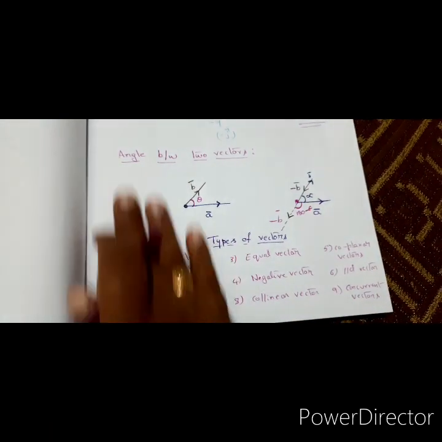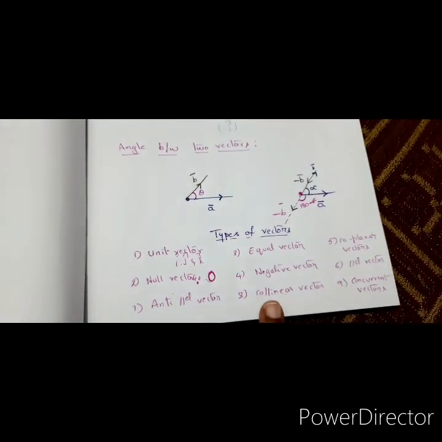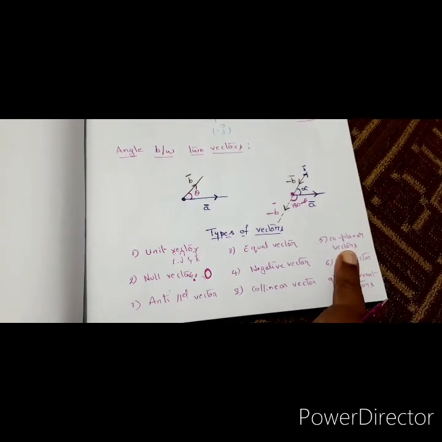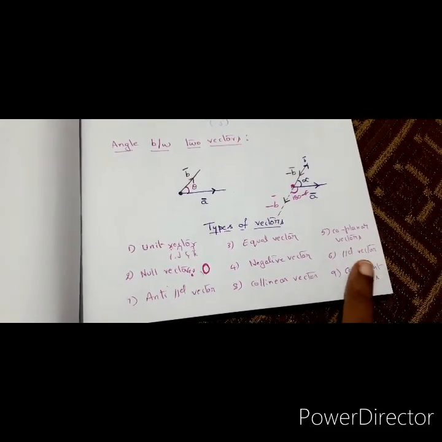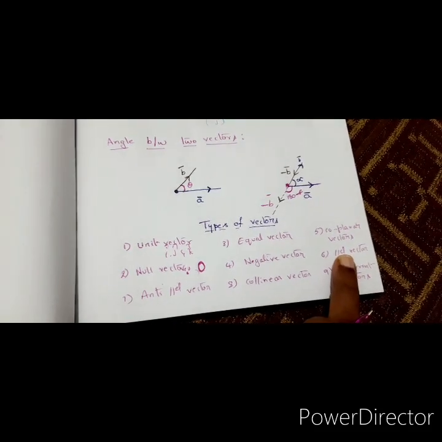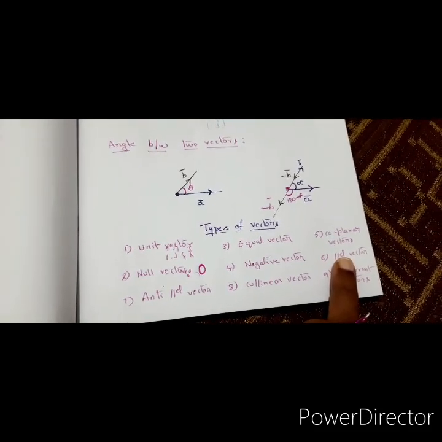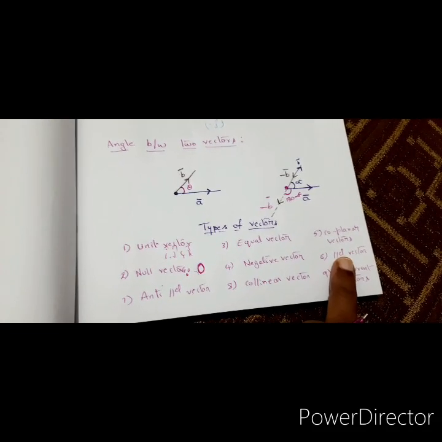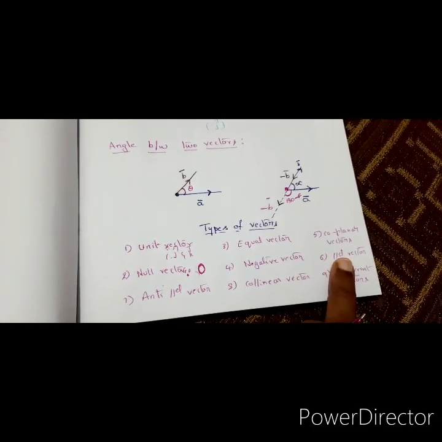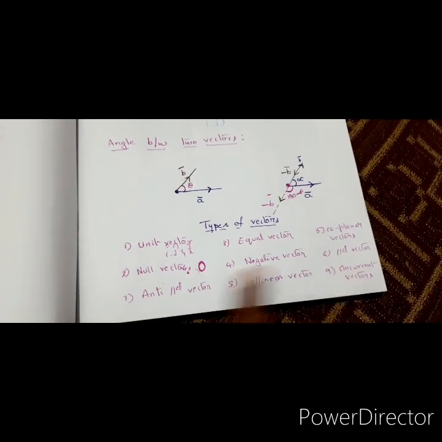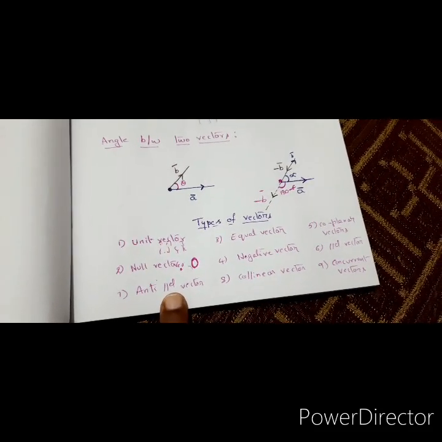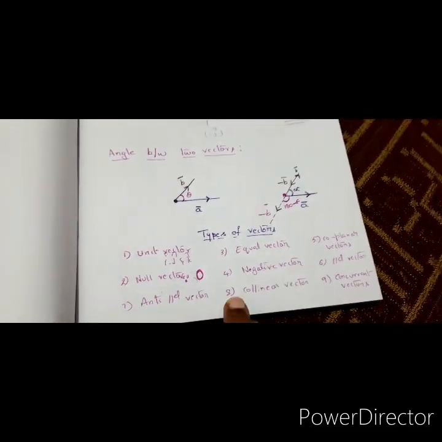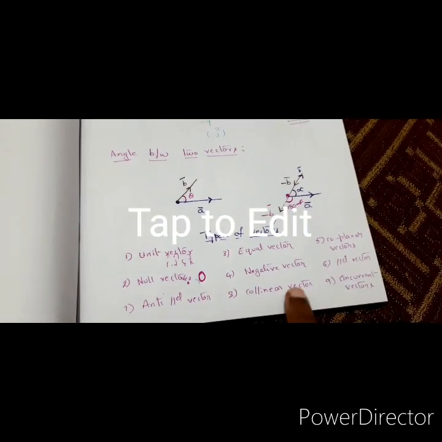If you take the plane of the paper, all the vectors which belong to that plane are called coplanar vectors. Parallel vector: you have seen how we draw vectors parallel to each other, that means the direction should be the same. Anti-parallel vector: the direction of the other vector should be opposite to the given vector.